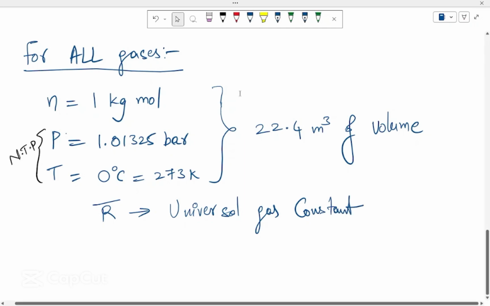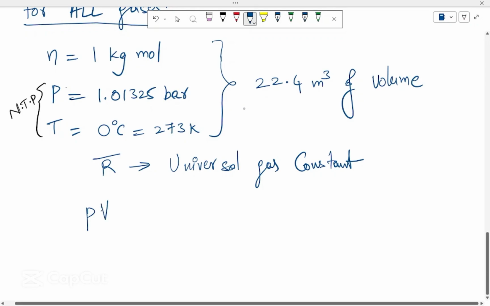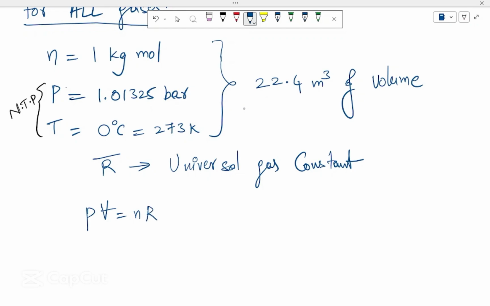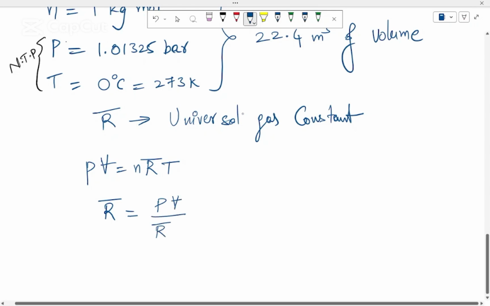Based on your ideal gas equation, PV is equal to N R bar T. So if I write it like this, and I want the value of R bar, that will be equal to PV by N T.